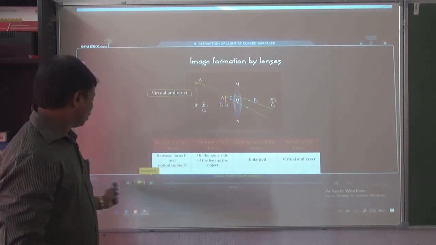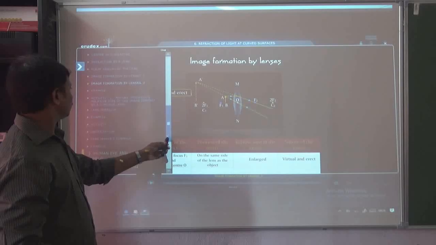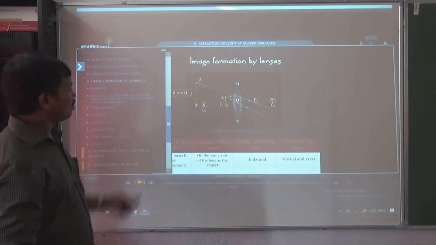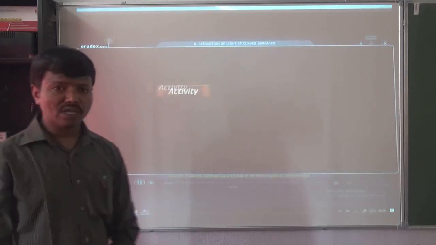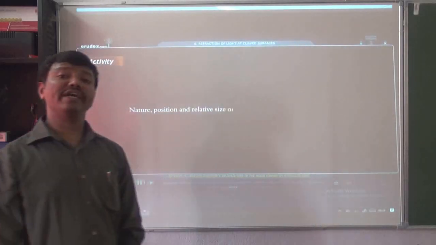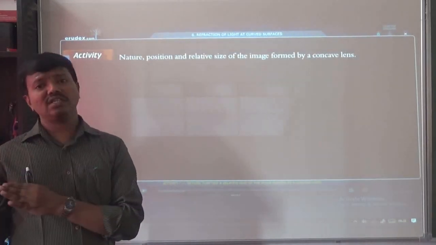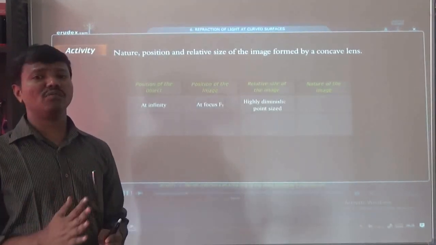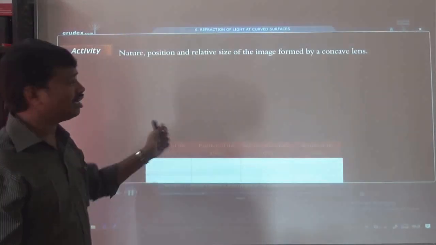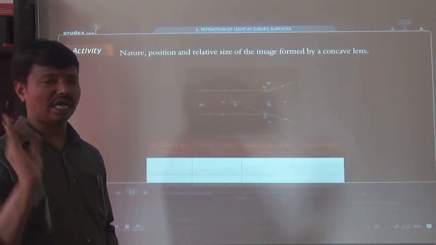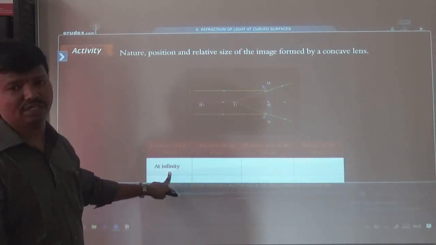Now some other examples: the case of the concave lens. How are the position and the nature of the image in the case of a concave lens? It is a very difficult case. But if you observe all the objects beyond the center of curvature, at center of curvature, the image is always virtual, erect and diminished, for an object at infinity.